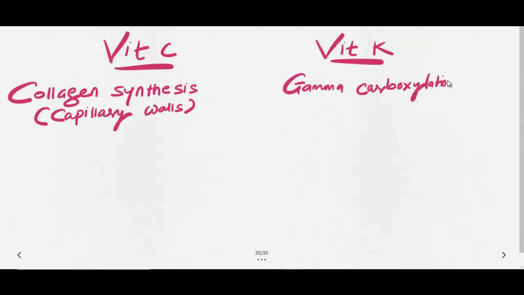And what are the factors? Factor 2, 7, 9 and 10. So these are the factors for whose activation vitamin K is required. So these are the two main functions of each vitamin.